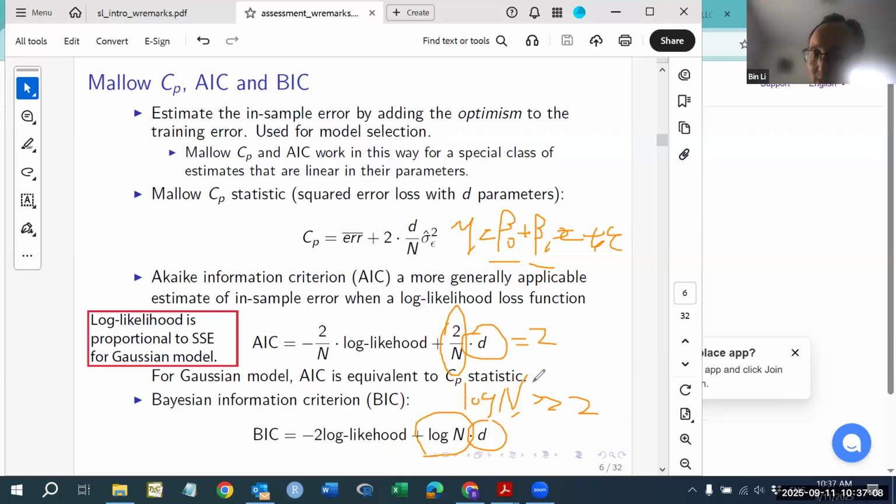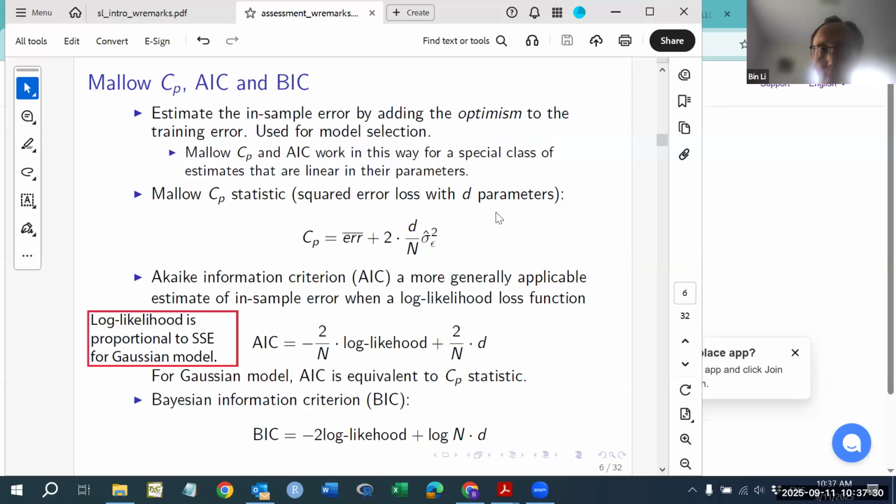So if the sample size is more than 10, that's already more than 2. So BIC has more penalty on the model complexity. That's the difference, and we can talk about more details later if you are interested. Anyway, this is the in-sample approach.